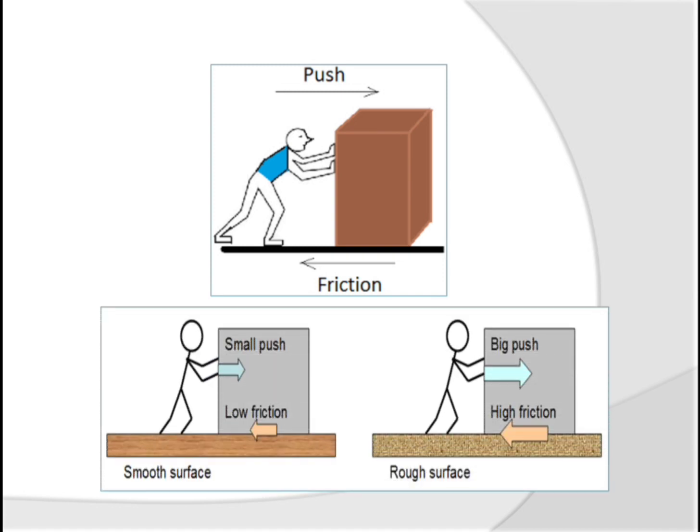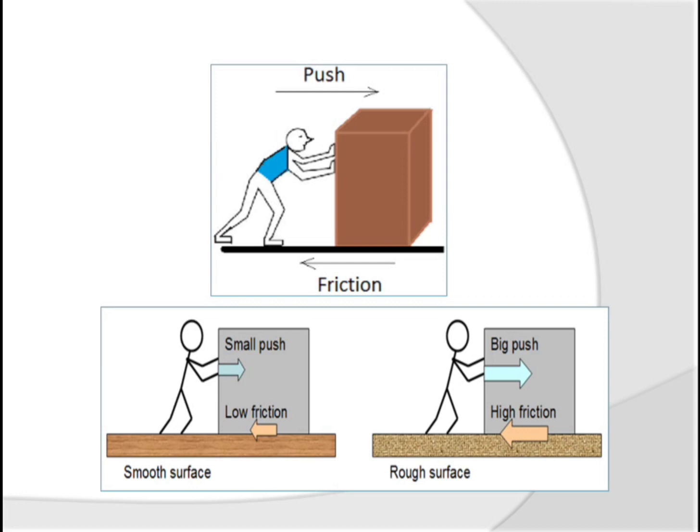Okay, so when the object is moving on a smooth surface, then we need to push very little. That means a little amount of force will be enough to move the object. But if the surface is rough, then we have to push it with more effort, with more force, more push we have to give.